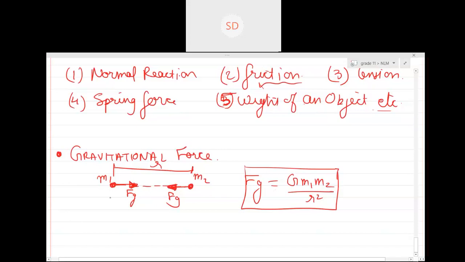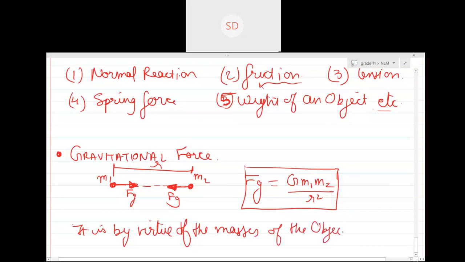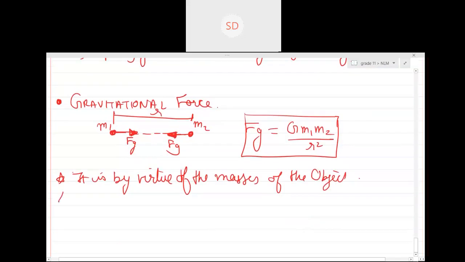This is gravitational force. It's attractive in nature and exists by virtue of the masses of the objects. It is an attractive force.